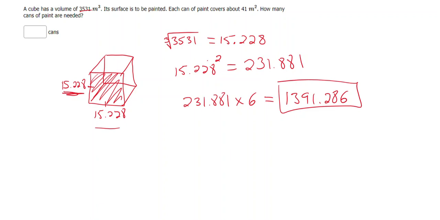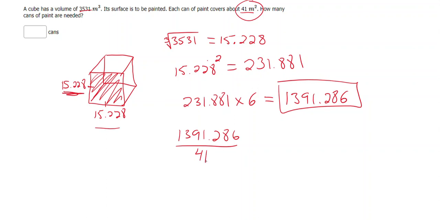Now, the question was, how many cans of paint do I need, right? This was the total surface area, and every one of these cans covers that much. So I'm going to take that 1,391.286 and divide it by how many meters squared we get for every can.